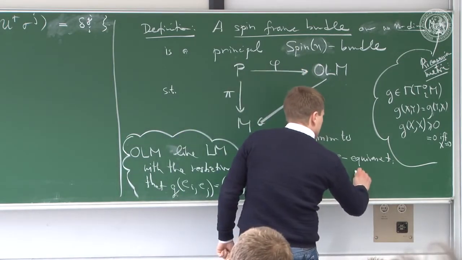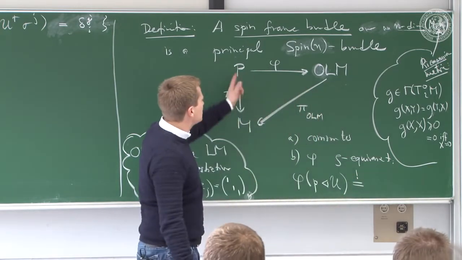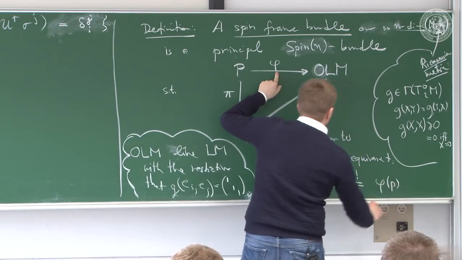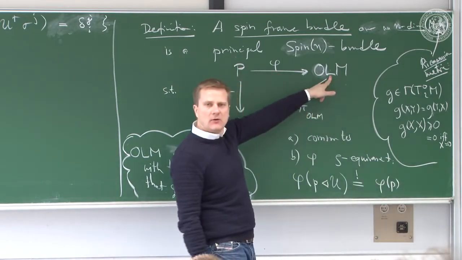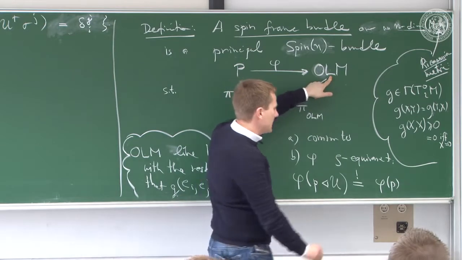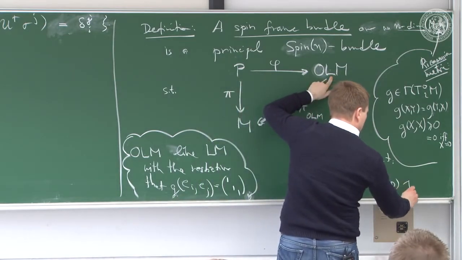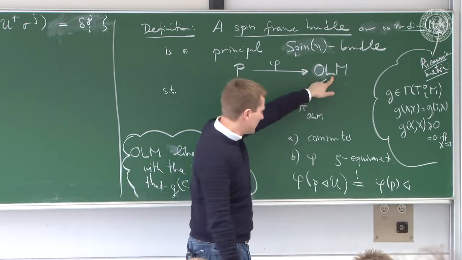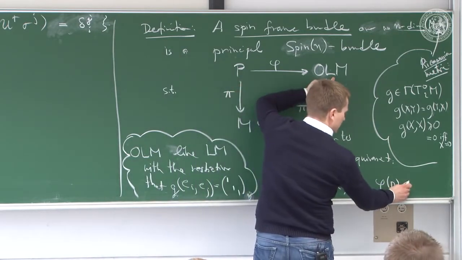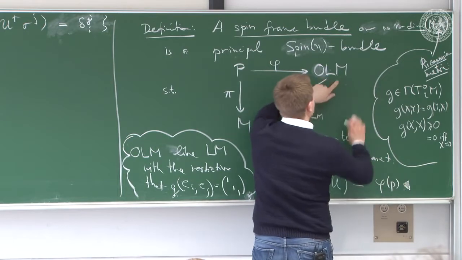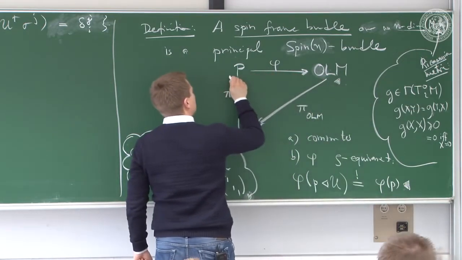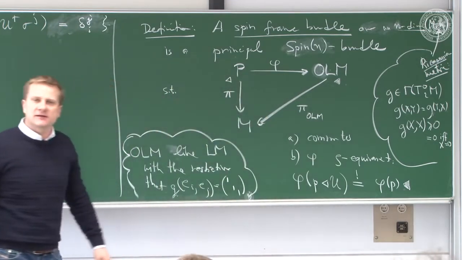And I want to require that this is compatible, that I first map the point P over here, but now I'm on the orthogonal frame bundle, and I would again like to act from the right, because this is also a principal bundle. It's another right action on here, so I should make this the solid right action. This principal bundle comes with a solid action, and this principal bundle comes with the non-solid action.